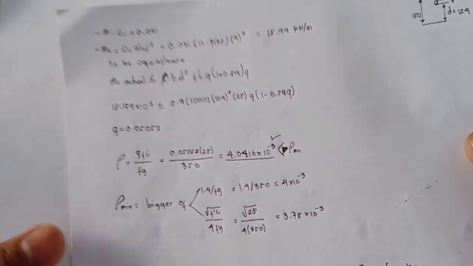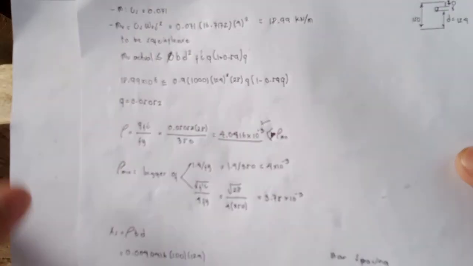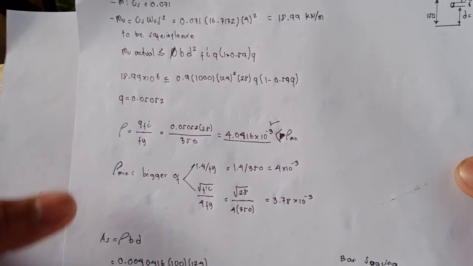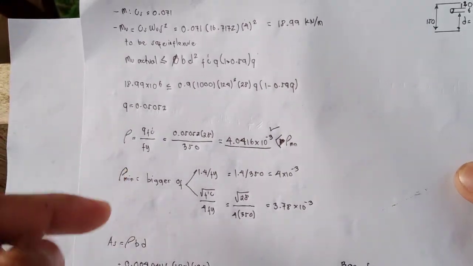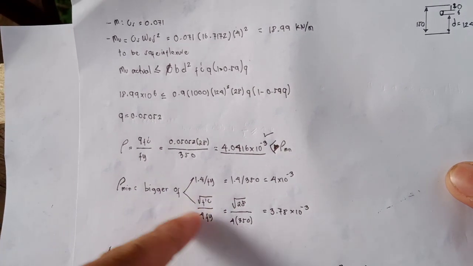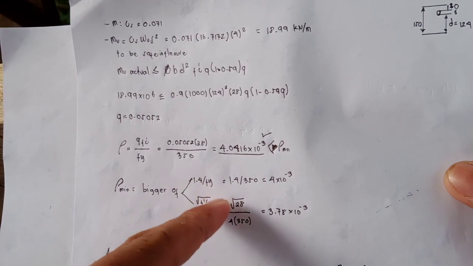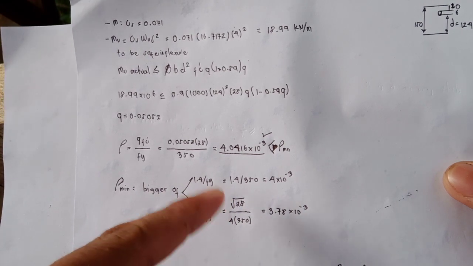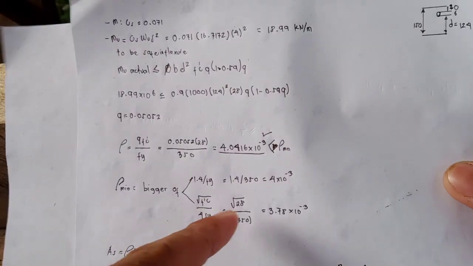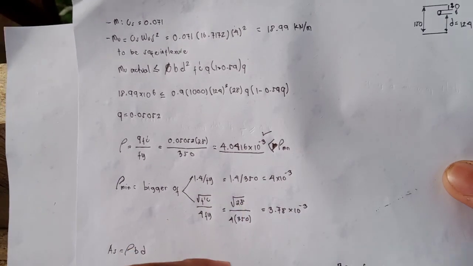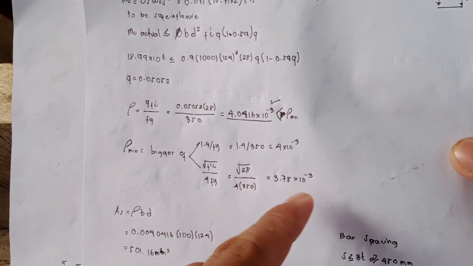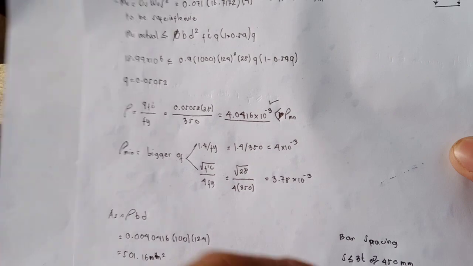So as I said, the value of this is bigger than the rho minimum. So we'll calculate the rho minimum as the bigger of 1.4 over fy and the square root of fc prime over 4fy. So 1.4 divided by 350 equals 4 times 10 to the negative 3, and the square root of 28 over 4 times 350 equals 3.78 times 10 to the negative 3.